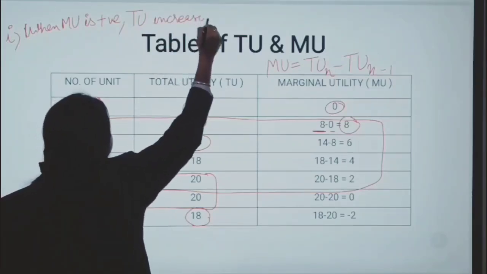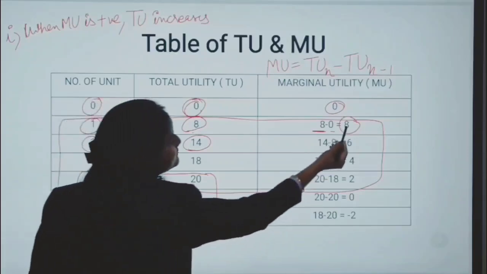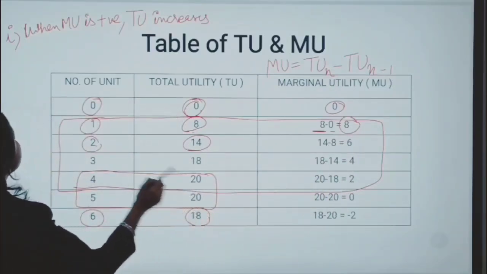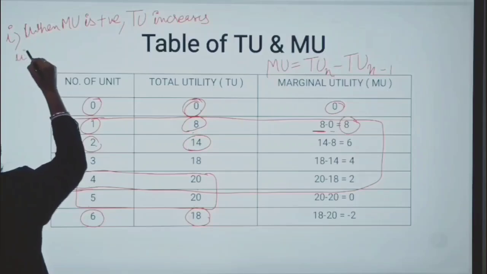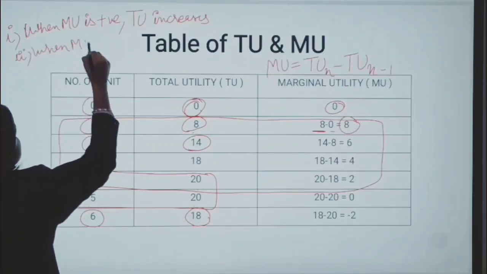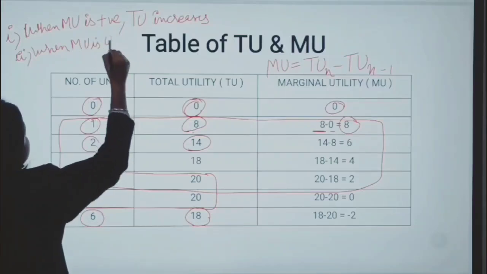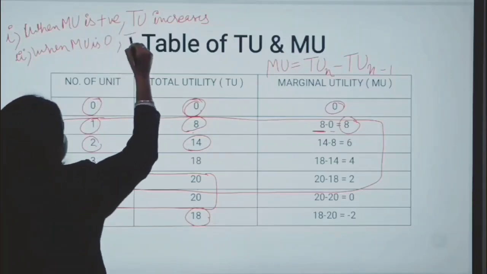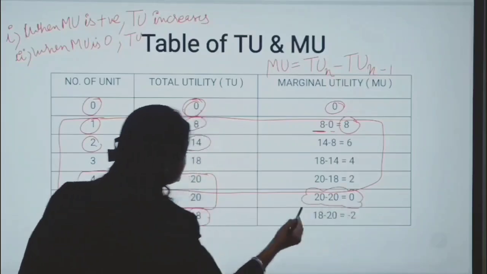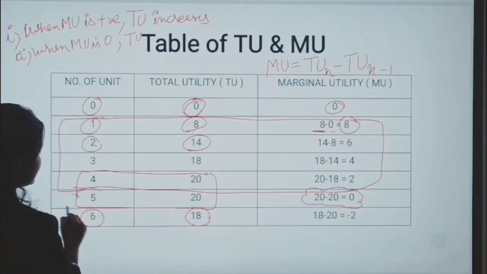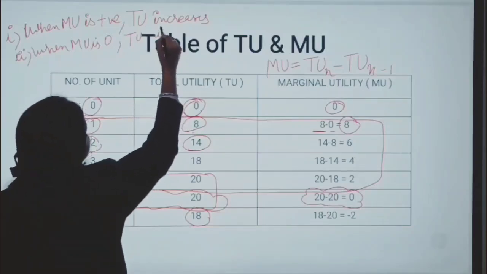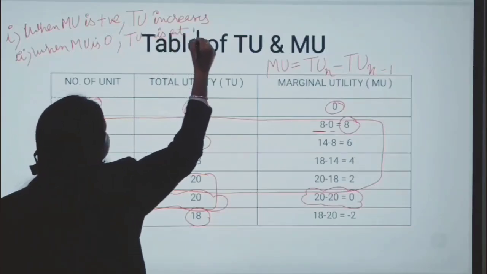You can see here that when MU is positive, TU is what? Increasing. And when MU is 0, you can see here MU is 0, TU is what? TU is at maximum.